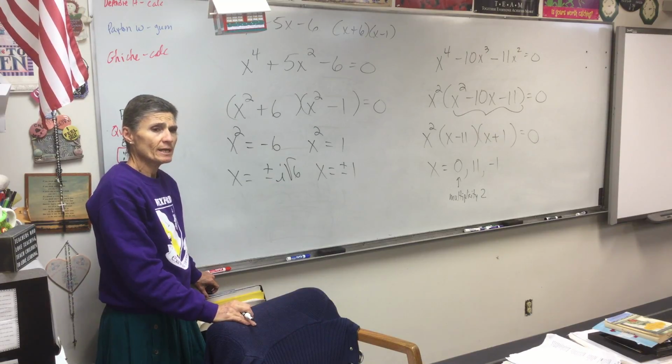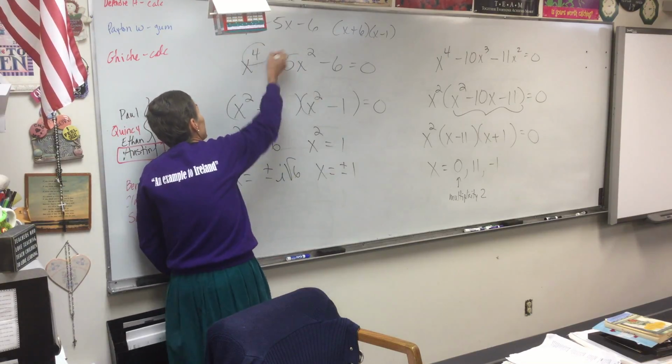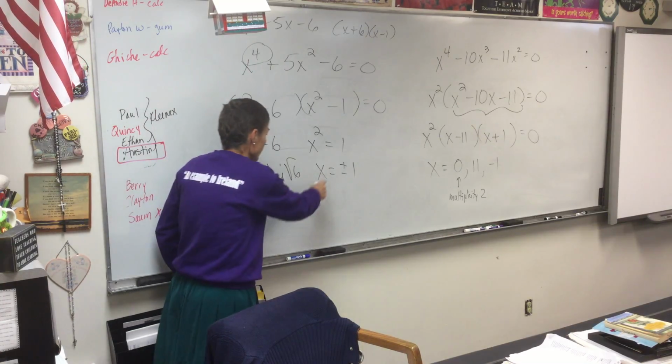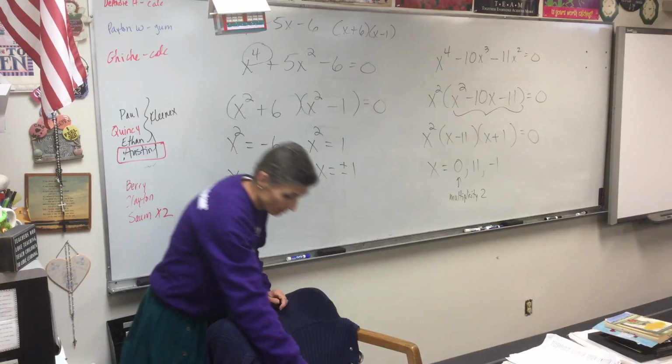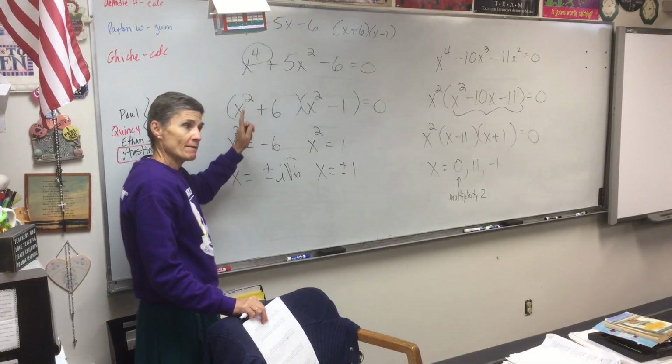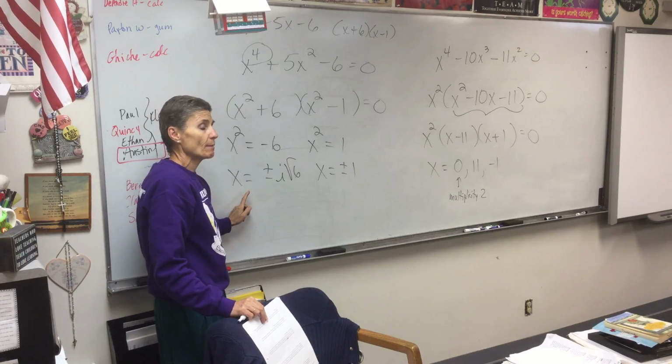How many answers did we get? Exactly what we were supposed to get, right? 2 of them happen to be imaginary and 2 of them are real. By the way, that is by far the fastest way to do that problem.